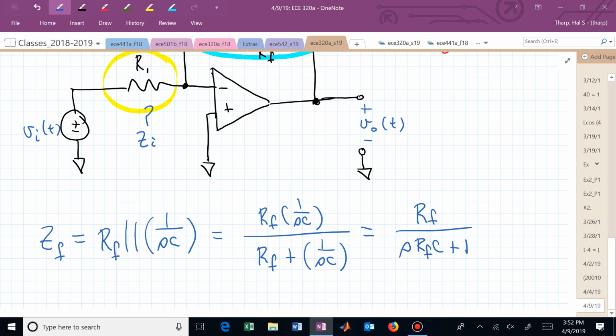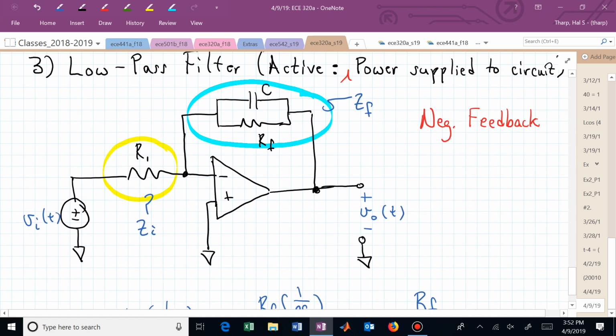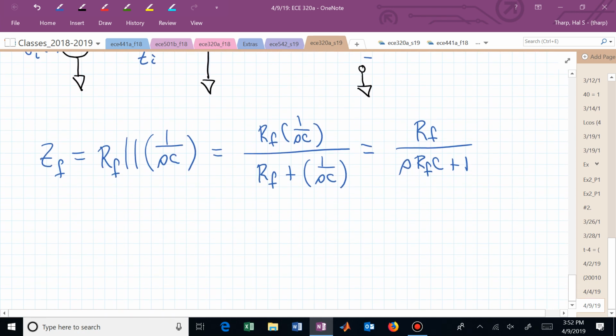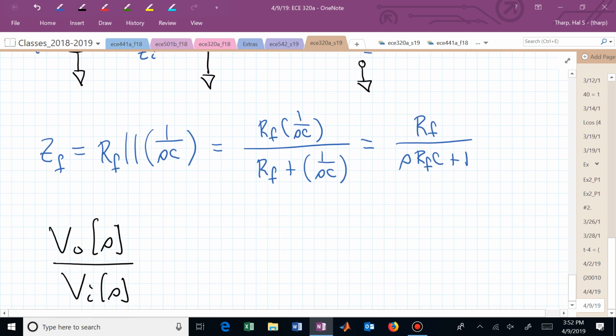And in terms of Z sub f and Z sub I, do you see that the transfer function is what we would expect it to be? If we now wanted to know the transfer function between the input, did I call it V sub I? Yes, I did.